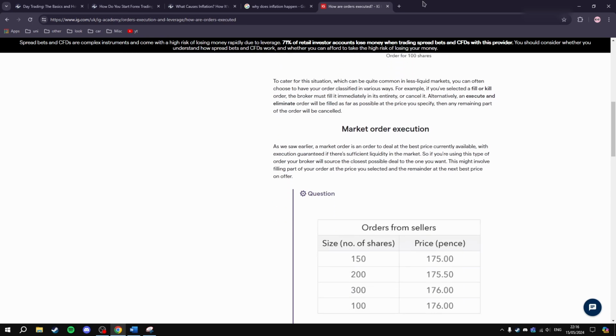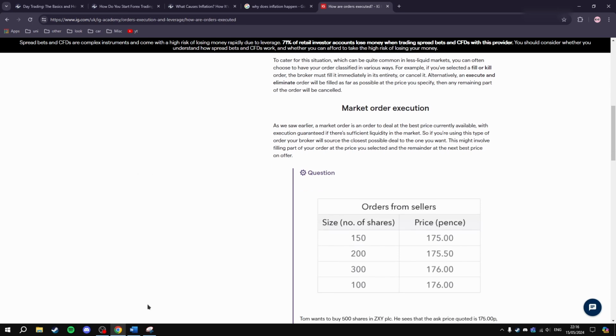To cater for this situation, which can be quite common in less liquid markets, you can often choose to have your order classified in various ways.